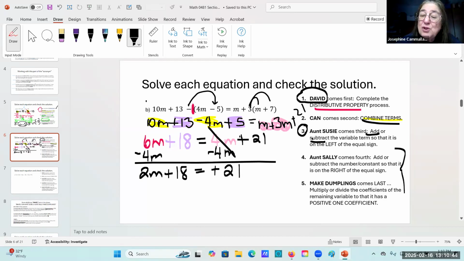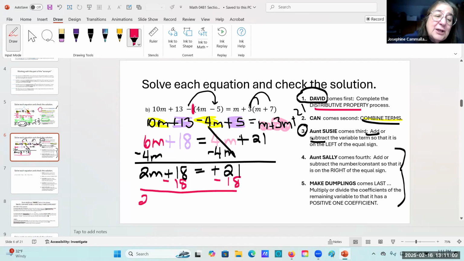Well, we're now down to what we did in the two-step equations that we did in section 3.1. What we did above was the new stuff. Now we're just building on it. We are going to subtract 18 from both sides.